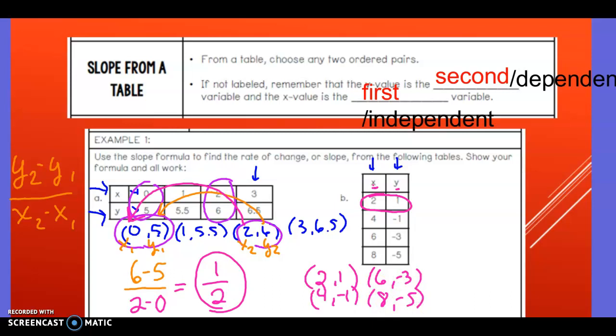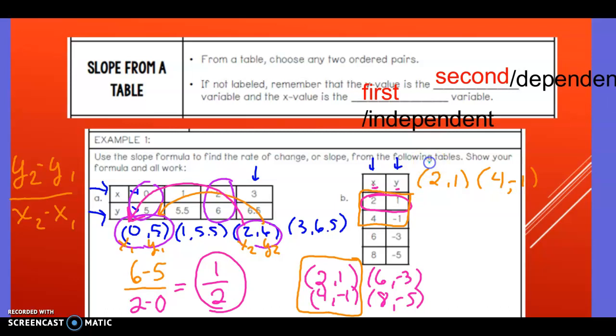I just want to pick 2 to find the slope. So you can pick any 2. None of these really is any different than the other. So let's just say I pick my top 2 rows and those 2 points, which would be these 2 right here. So I'm going to go ahead and write my points down, 2, 1, and 4, -1. And then I'm going to label them.